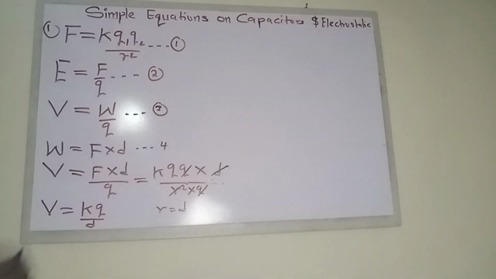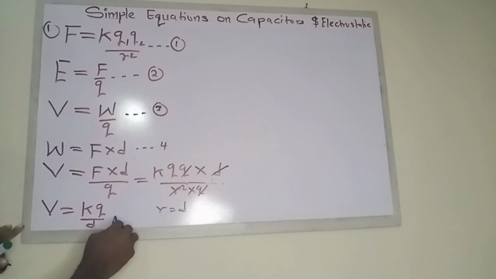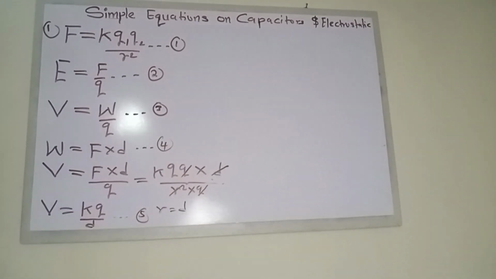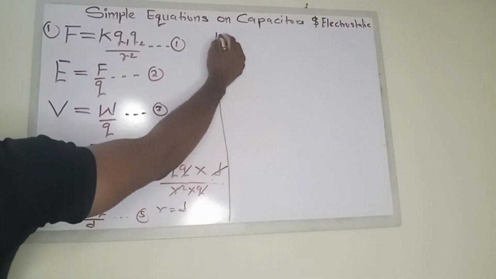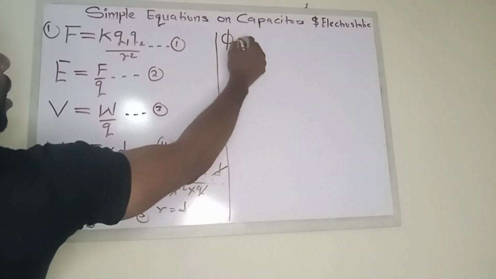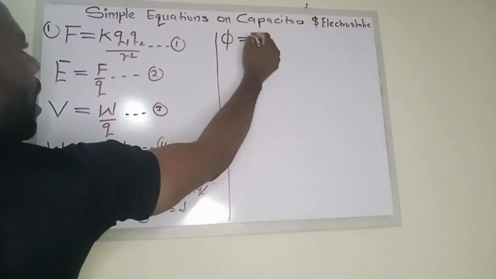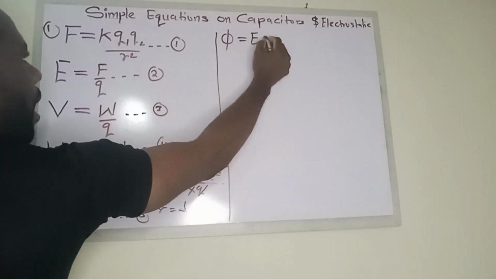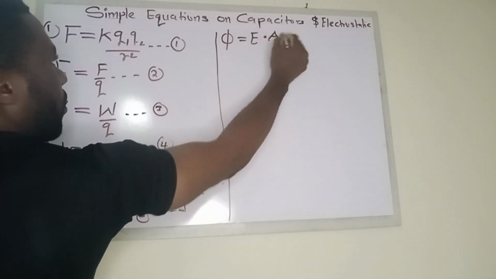So that is that. At this point, let's call this equation 5, because we have equation 4 here. Electric flux is equal to electric intensity multiplied by area.